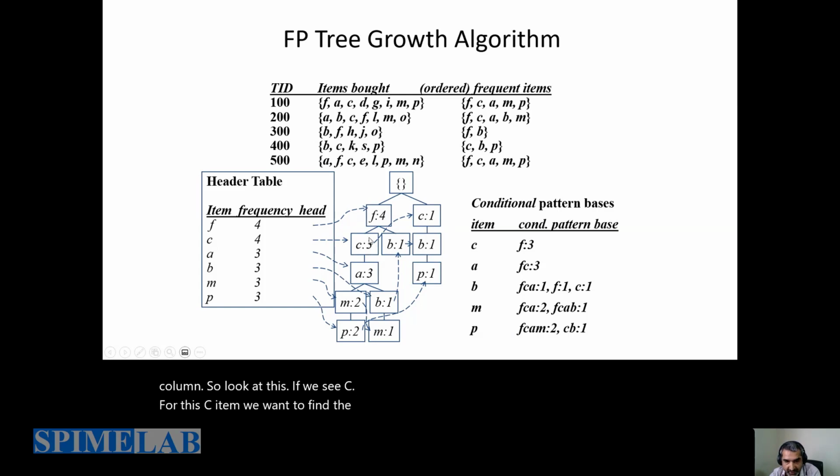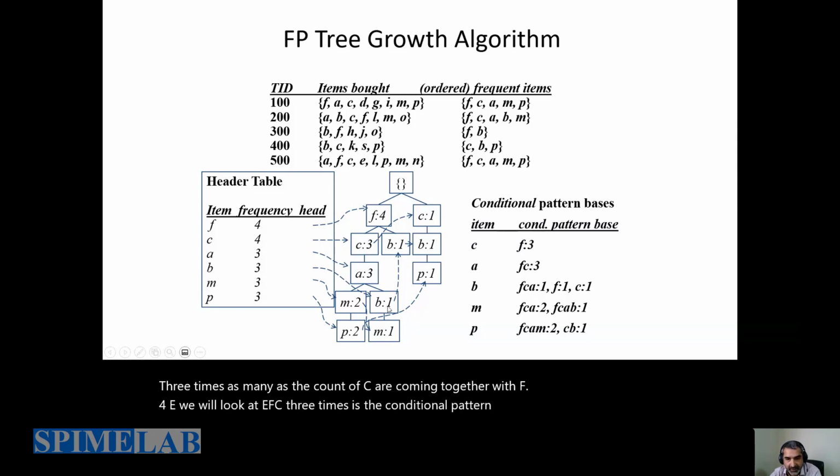We will check the node that C is child of, and F 3 times, as many as the count of C are coming together with F. For A, we will look at A, and FC 3 times is the conditional pattern base.